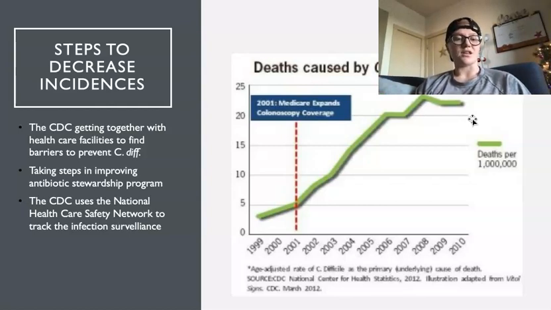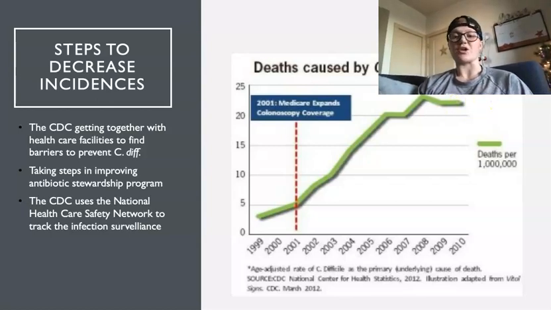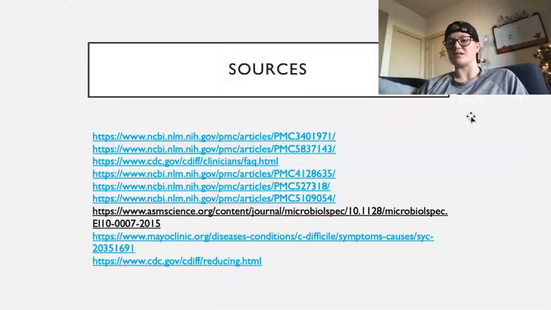So the CDC is getting together with the facilities to find barriers to prevent C. diff. They are taking steps in improving antibiotic stewardship programs, and the CDC uses the National Healthcare Safety Network to track infection surveillance to see if there are any new strains or incidences that would increase or decrease the deaths and incidences.